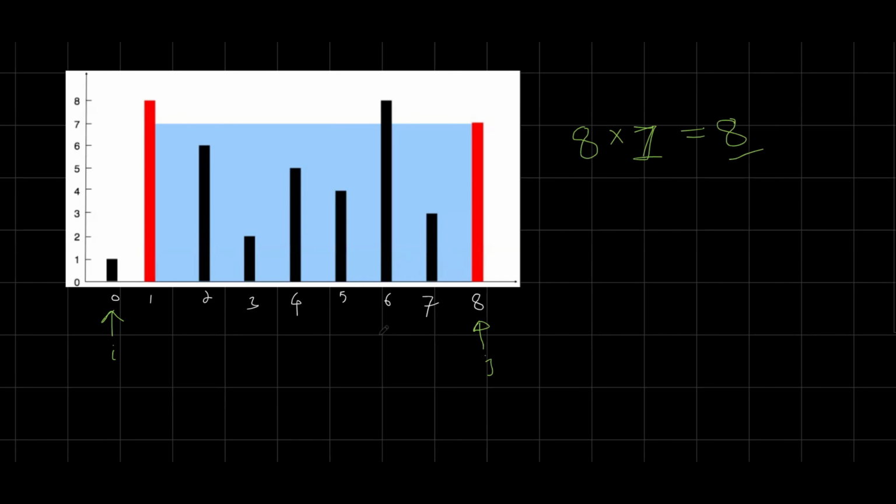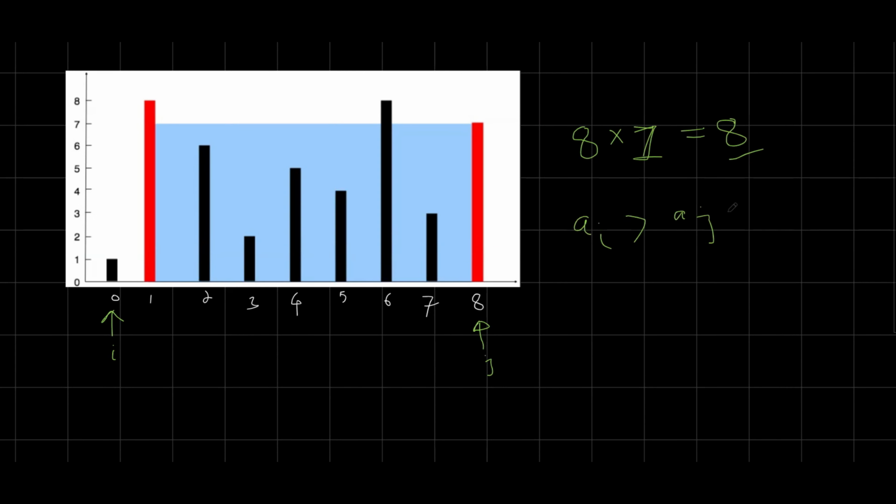Now wait, as it is a two-pointers approach, we have to move both the I and the J pointer. So how can I move the pointers? The algorithm is pretty simple. If our current element at I is greater than the current element at J, that means if we want to find the maximum volume, we should not move the pointer at the maximum element, right?